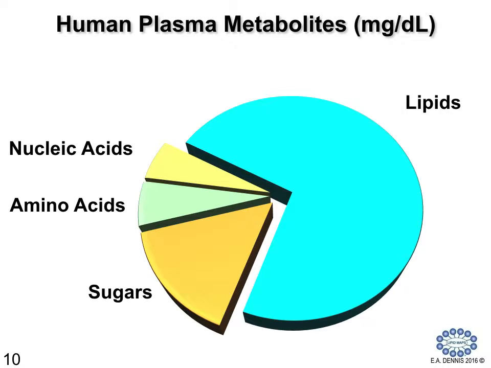And if one compares the human plasma metabolites, we see that about three-quarters of them are lipids, and the other biological molecules, nucleic acids, amino acids, and sugars, make up the remaining quarter.